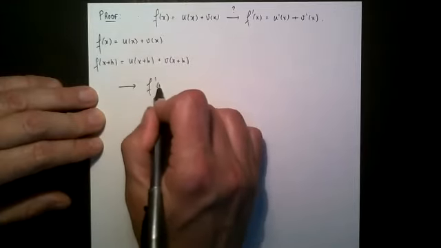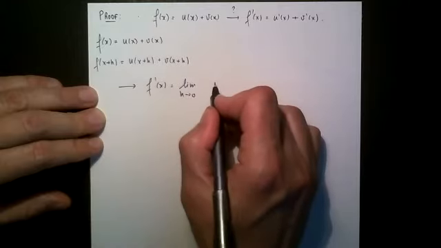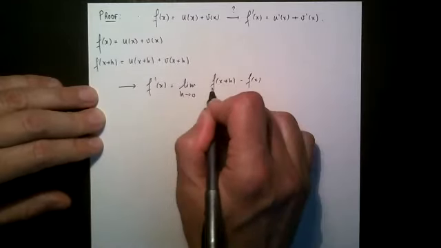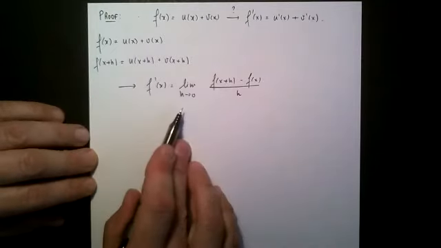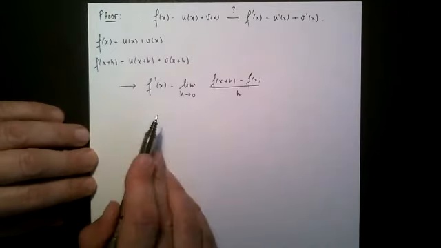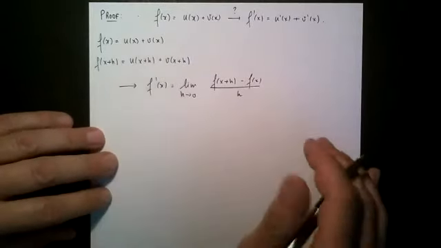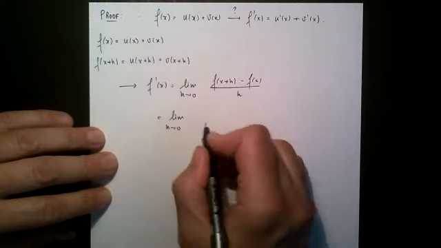So f prime of x will be equal to the limit as h approaches 0 of f of x plus h minus f of x over h. So every time I want to prove something with derivatives, we're going to go back, right? We refer back to the definition, okay? So equals the limit as h approaches 0.